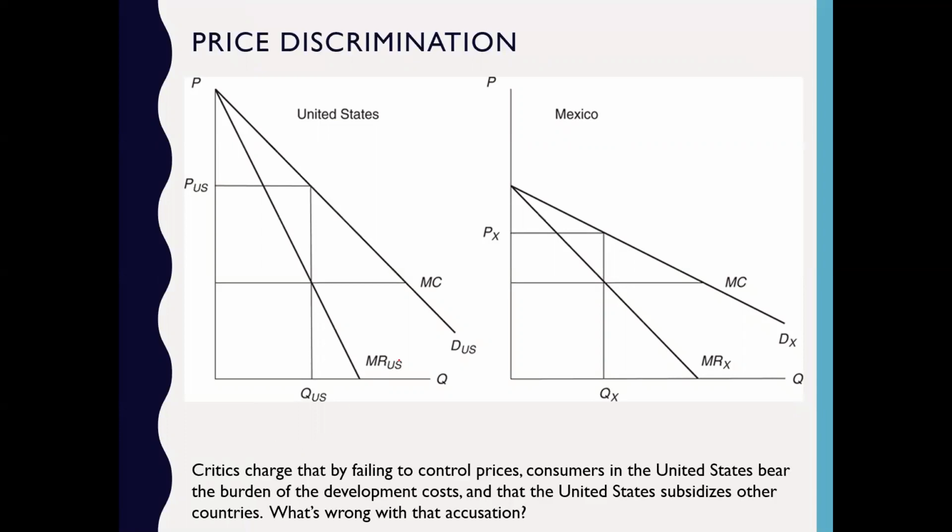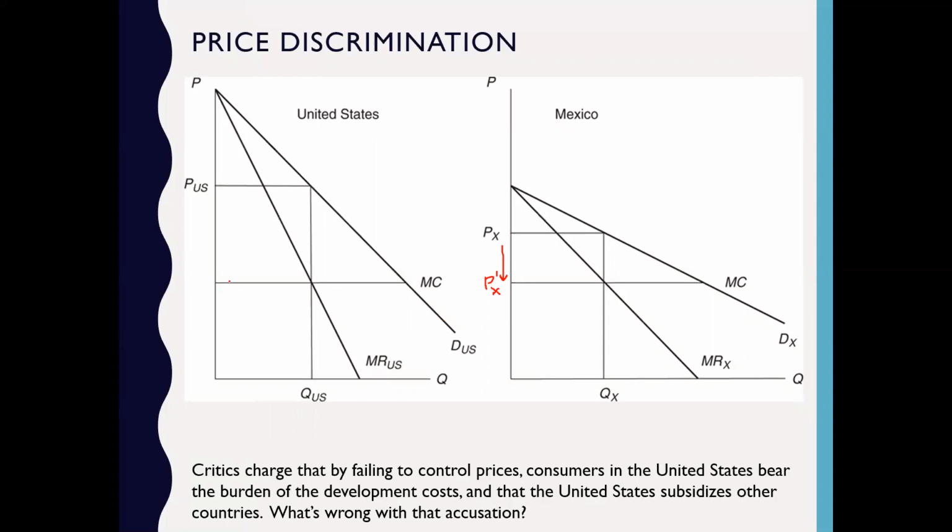Now, conceptually, this could drive the price as low as this marginal cost here, which would further increase the differential with the US. So let's call this the price with regulation, and that would drive the price down.